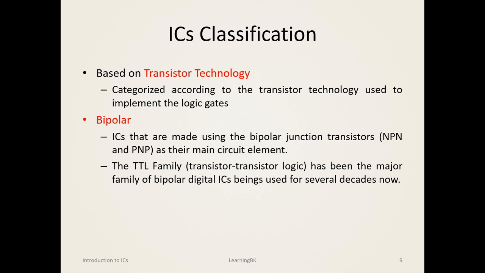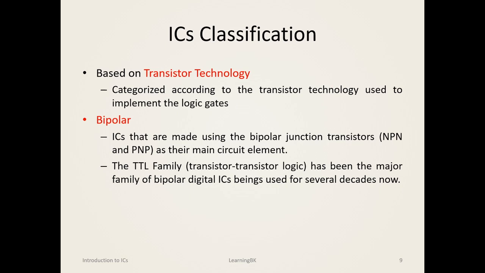The TTL family is one of the most widely used bipolar ICs, and it has been in use for several decades now. Although the modern CMOS logic family has overtaken TTL in terms of processing power and power consumption, the TTL family is kind of a legacy technology that is still used in various electronic devices.